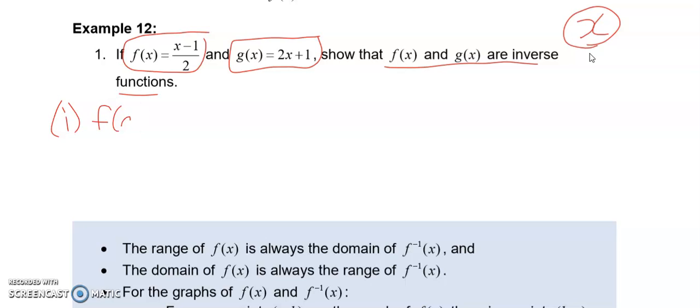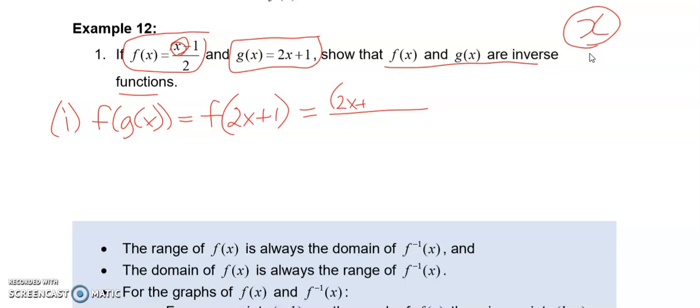So watch this. Here's my first test. f of g of x is equal to f of, now, the g of x is 2x plus 1. So remember what that means. I look at my function f, and wherever I see an x, I replace that with 2x plus 1. So this is going to become bracket 2x plus 1, that takes the place of the x, and then minus 1, and then divide by 2.